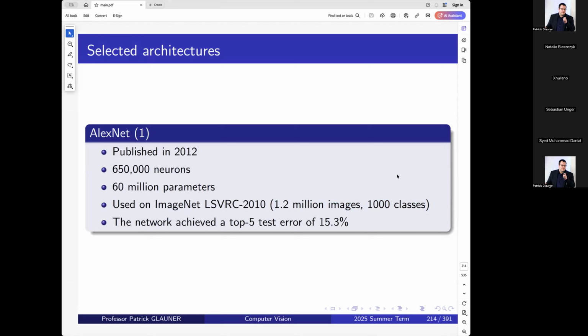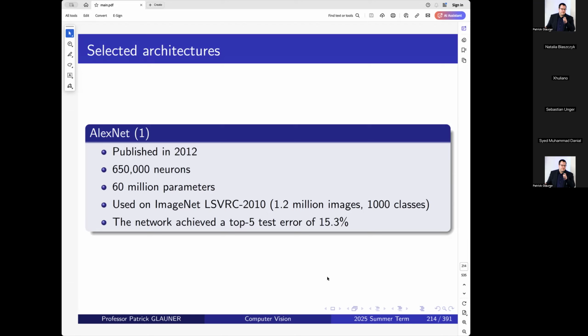So just classifying the whole image. And this AlexNet achieved a top 5 test error of 15.3%. Test error means on the test data that was not used for training, and top 5 means that you are proposing or that you are predicting your top 5 classes.